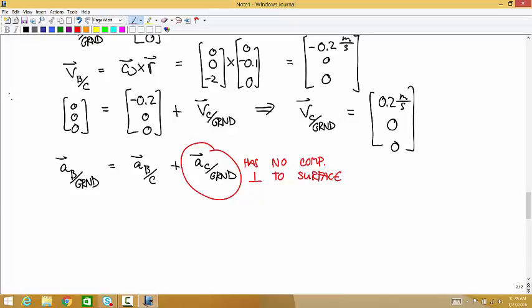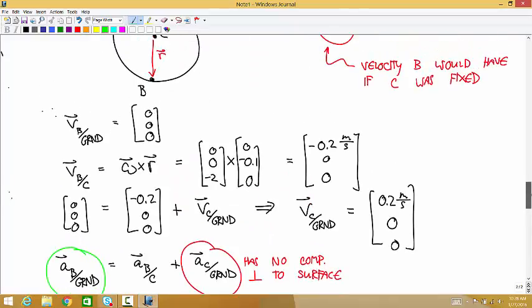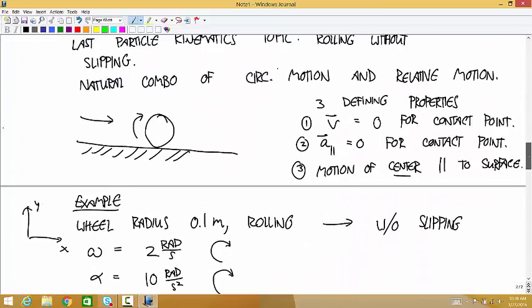And we know that the acceleration of B relative to the ground has no component parallel to the surface. Those are the second and third defining properties of rolling without slipping.